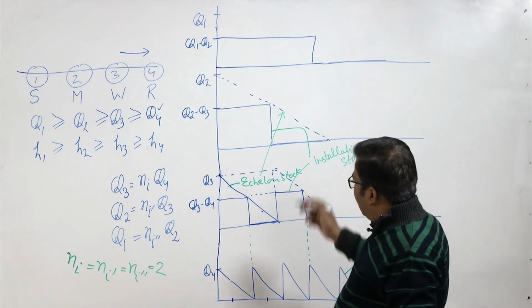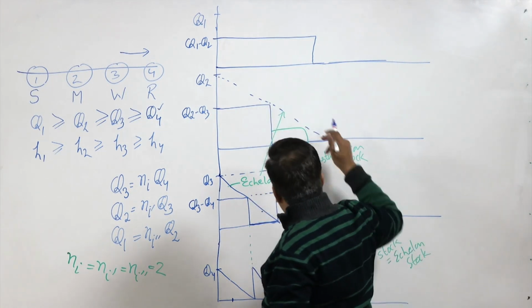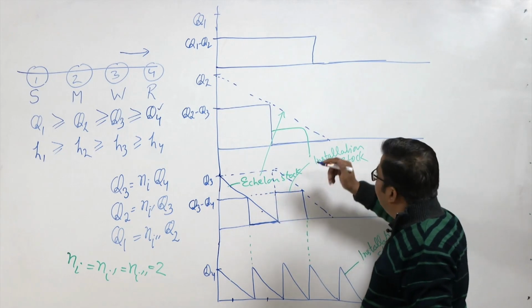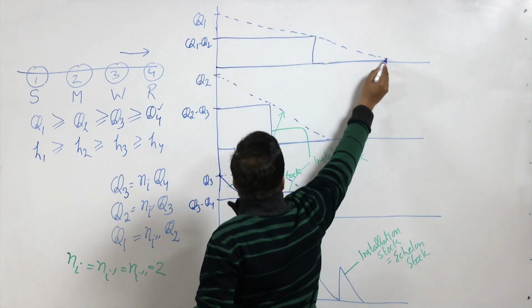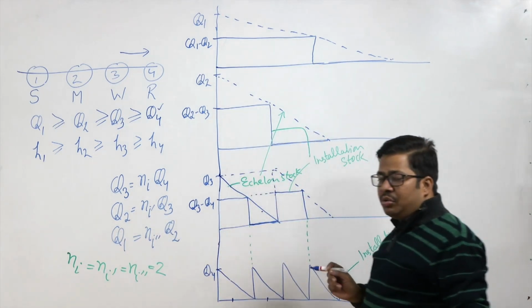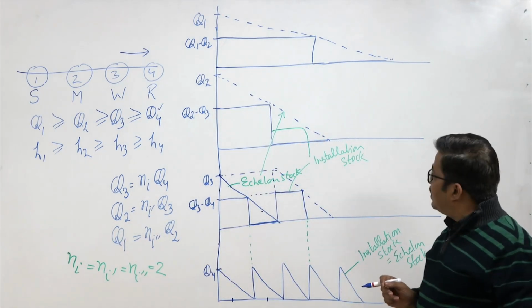And again by using the concept of echelon stock you can have this type of dotted lines to represent the echelon inventory at stage 1.